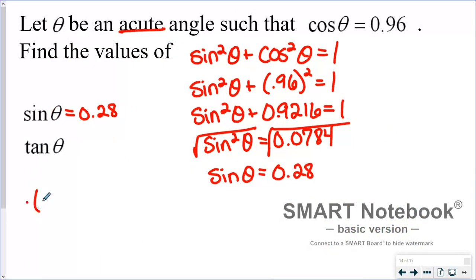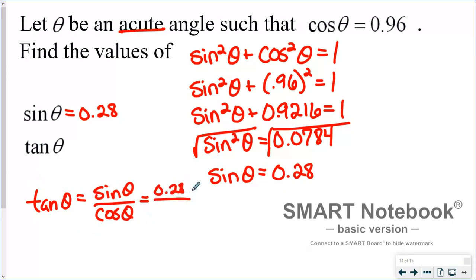So in this case, it's going to be 0.28 divided by 0.96, which will be 0.292 rounded to 3 decimal places.